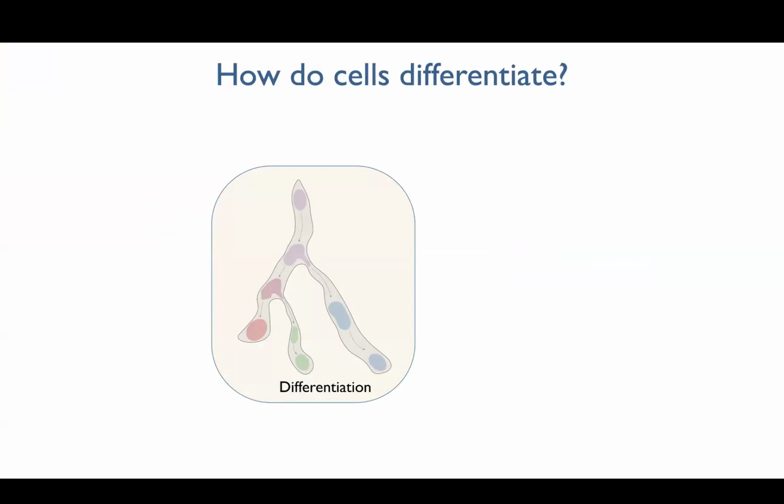I'm going to use the pointer. You have stem cells that go through a series of gene expression changes and become different types of cells. That's the fundamental biological problem that we are interested in.